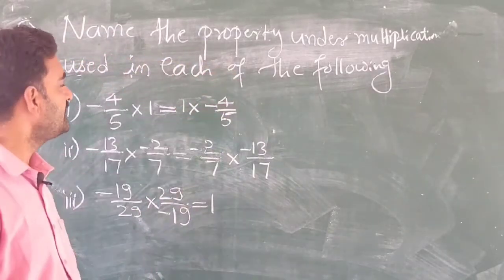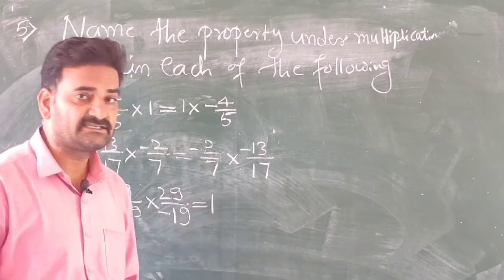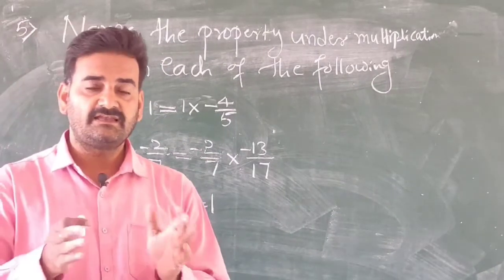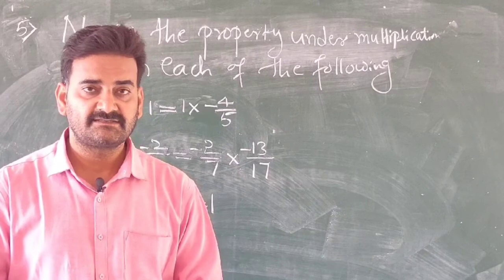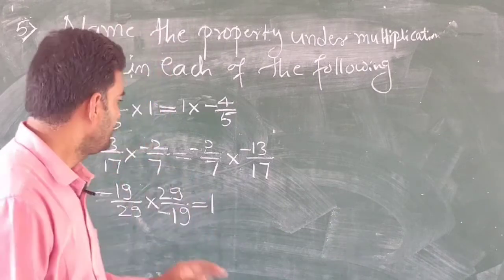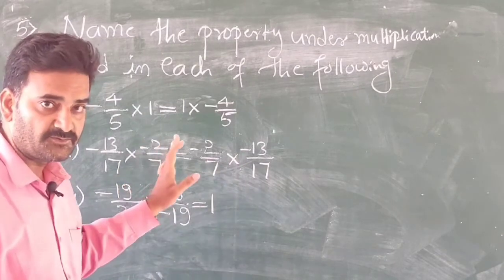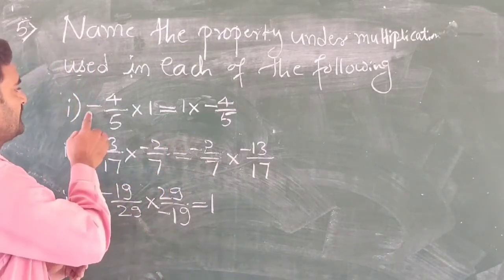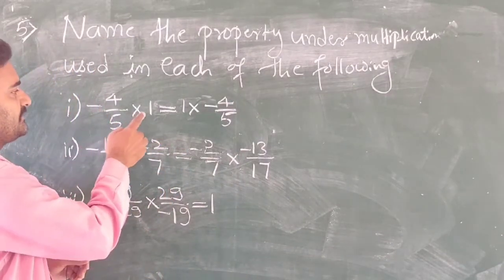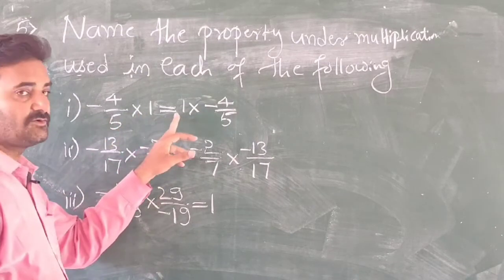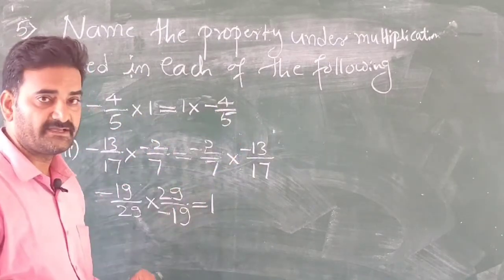Now we'll move to the next bit, that is the fifth one. Name the property under multiplication used in each of the following. We are already aware of the properties, and you have to identify which property these numbers belong to. Let us say the first one, minus 4 by 5 into 1 is equal to 1 into minus 4 by 5.